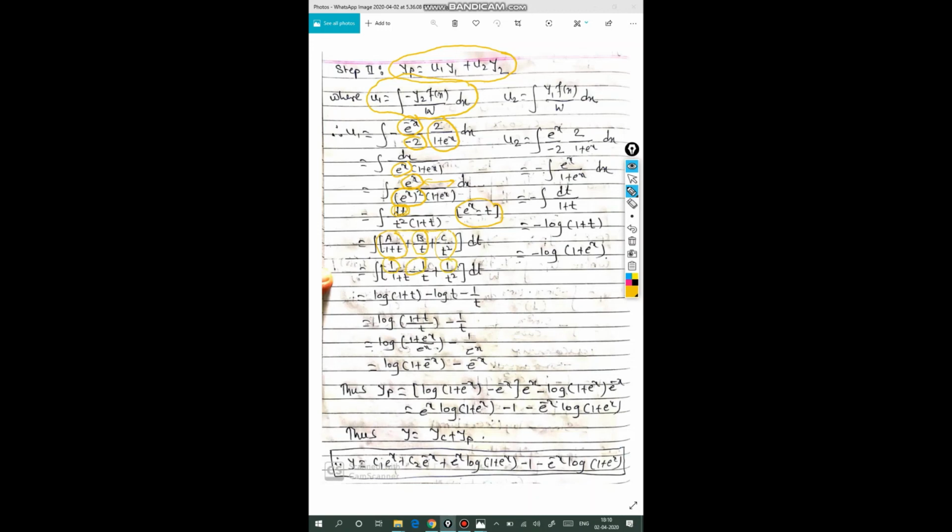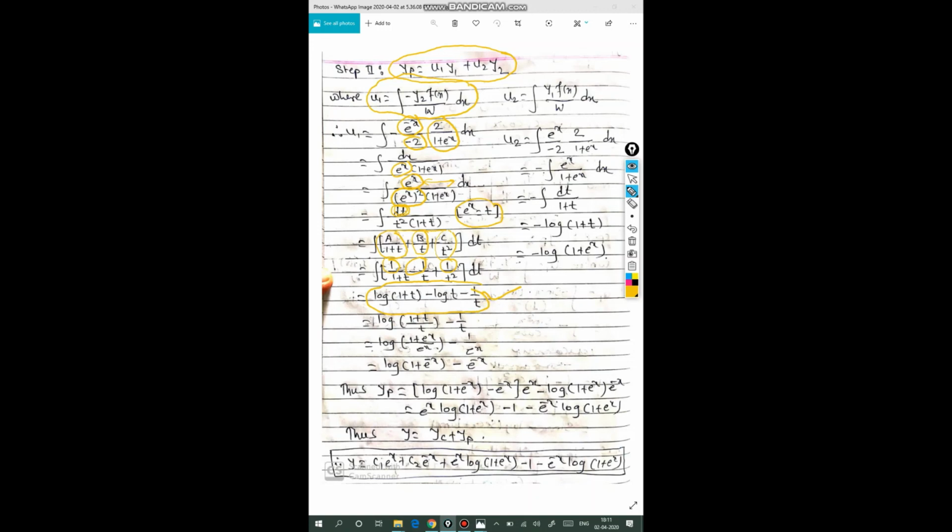So this is 1 upon 1 plus t minus 1 by t plus 1 by t square dt. Integration of 1 upon 1 plus t is log of 1 plus t, 1 by t integration is log t, and 1 by t square integration is minus 1 by t. So this is the integration of these three terms.